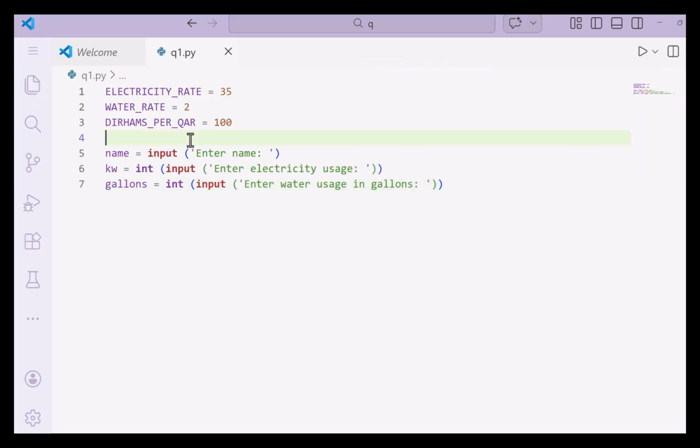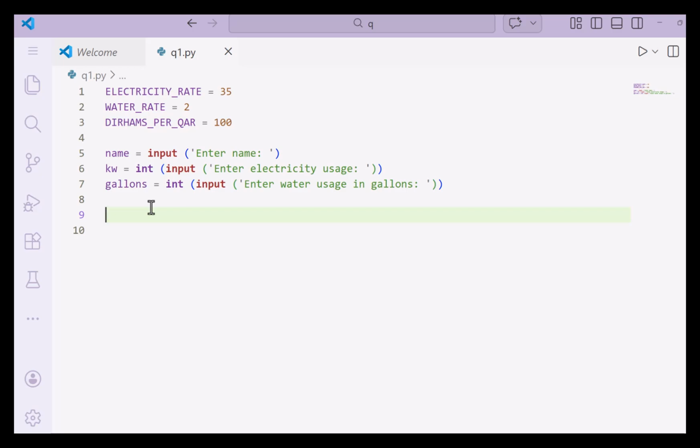So now I have all the inputs and no validation in this question. So now how much is the electricity? Will be number of kilowatts times electricity rate. But remember, this is going to be in dirhams.